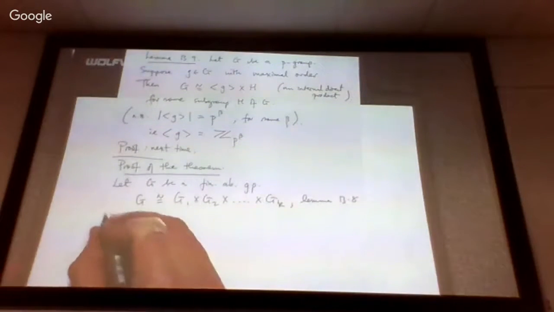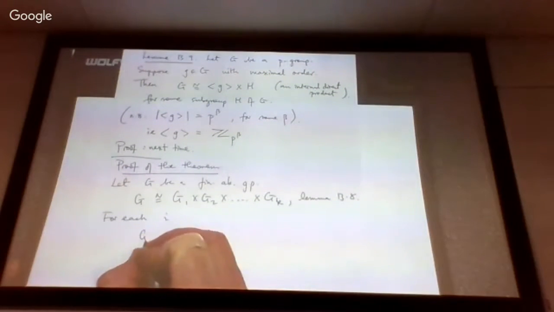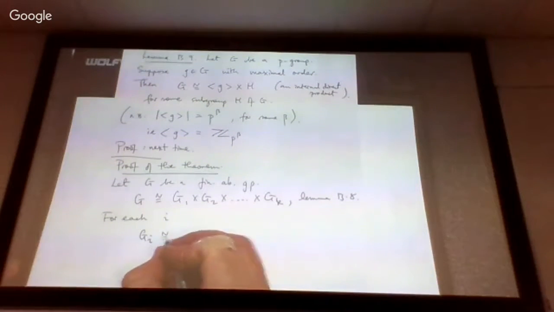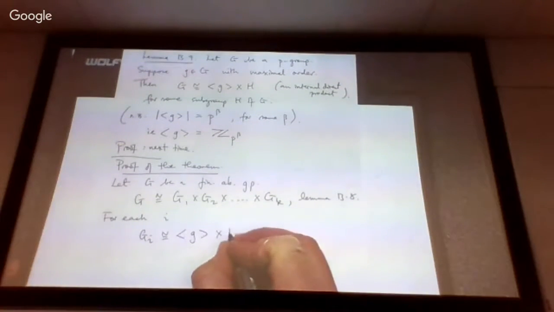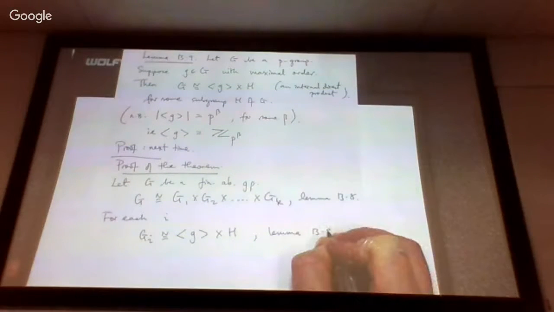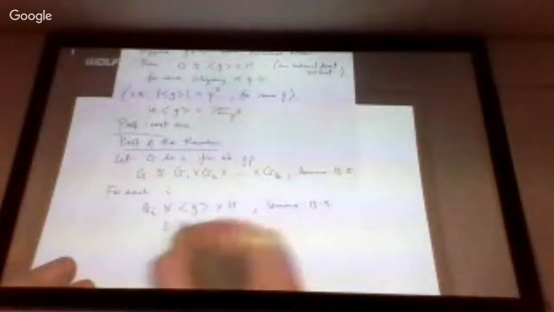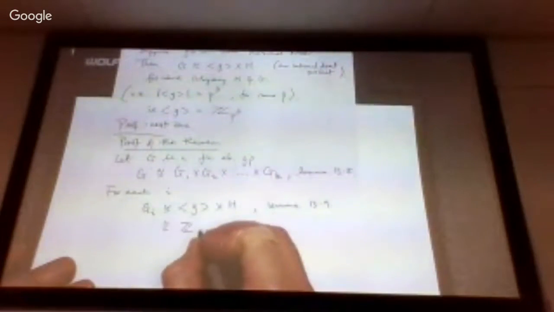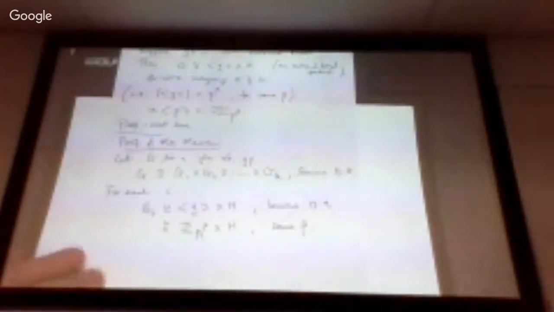For each i, G_i is isomorphic to this thing cross H. So this is applying lemma 13.9. So this is actually Z_{p_i}^β, direct product with H for some β.